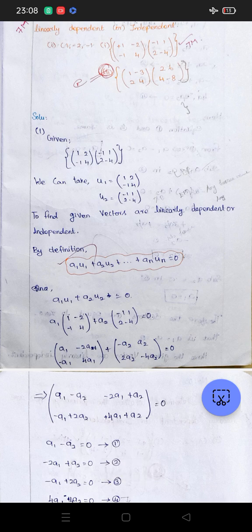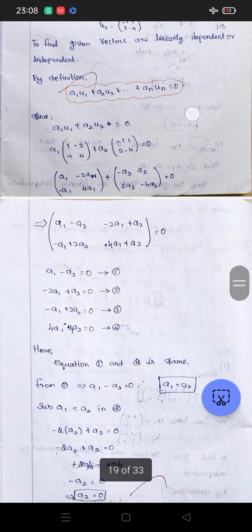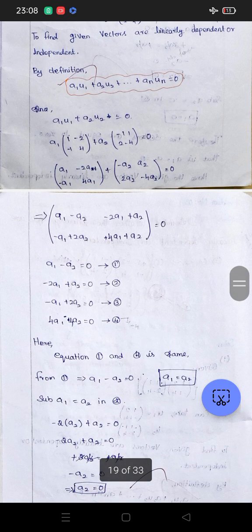By using the definition of linear independence and dependence, a1 u1 plus a2 u2 plus and so on up to an un is equal to 0. Here only 2 vectors are given. So a1 times u1, which is 1, 2, minus 1, 4, plus a2 times the second vector minus 1, 1, 2, minus 4, is equal to 0.